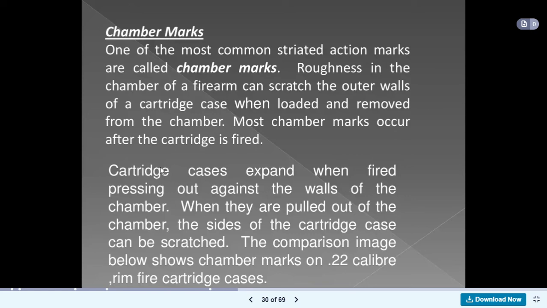The cartridge case expands when fired. Its form changes, pressing out against the walls of the chamber. When they are pulled out of the chamber, the sides of the cartridge case can be scratched. The comparison image below shows chamber marks on 22 caliber rimfire cartridge cases.